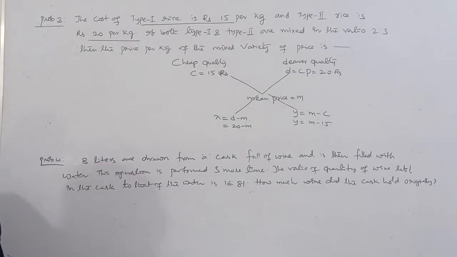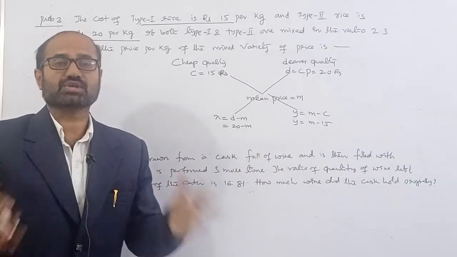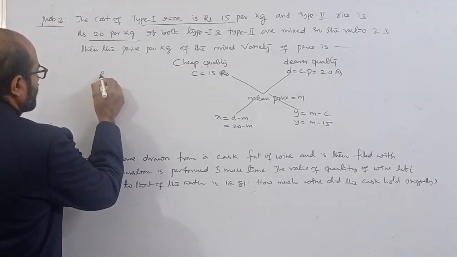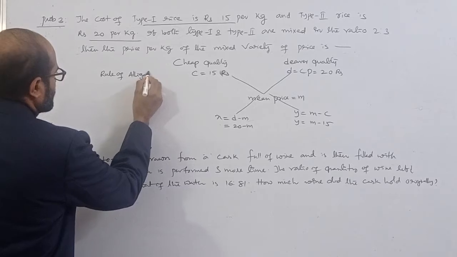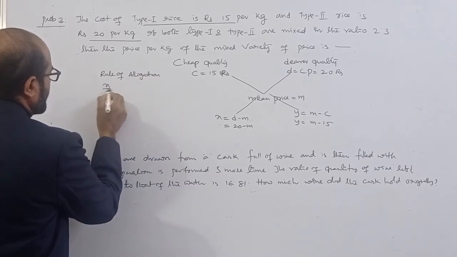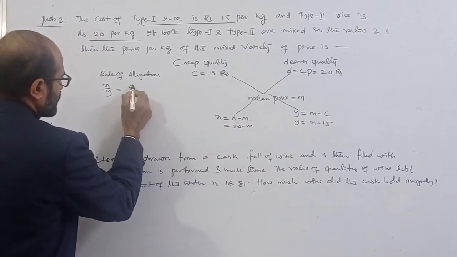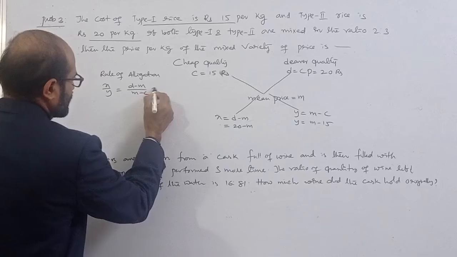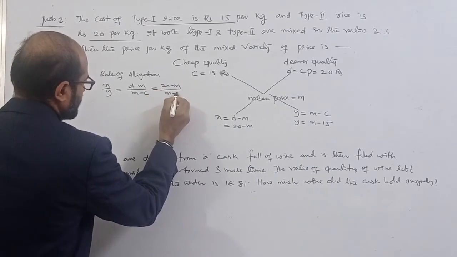But what is given is that type 1 and type 2 are mixed in the ratio 2:3. By the rule of alligation, x divided by y equal to D minus M by M minus C, that equals 20 minus M by M minus 15.